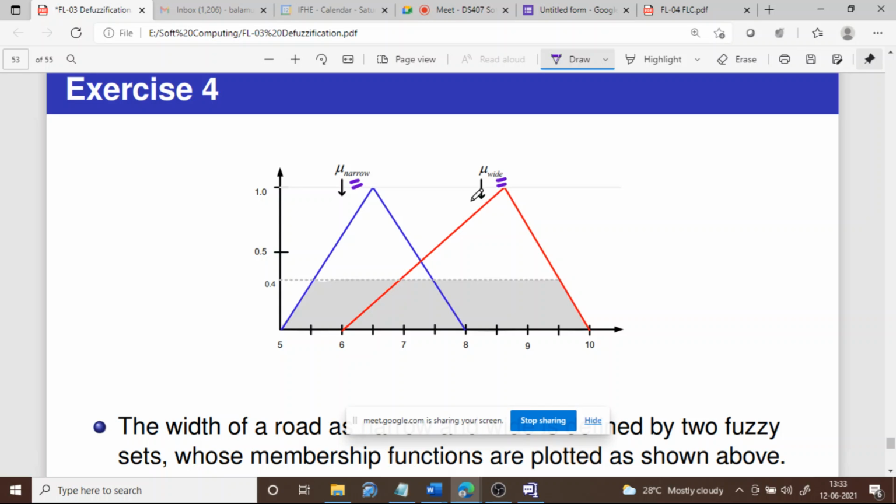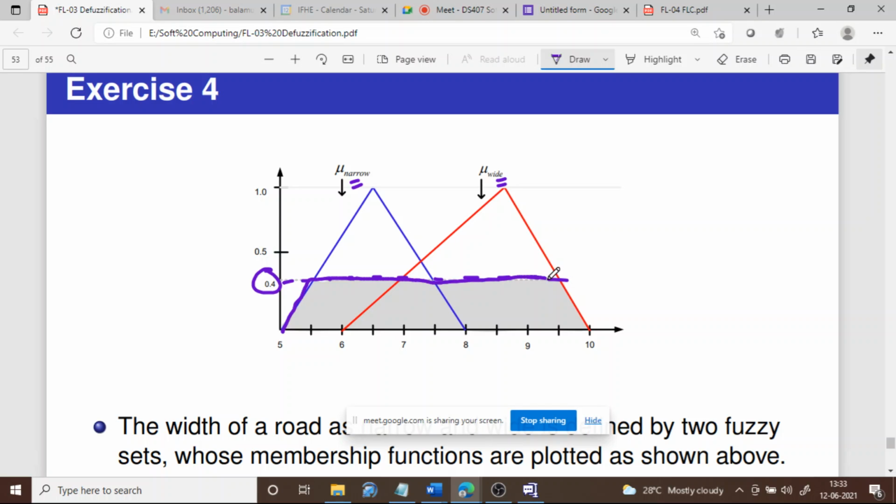Okay. Now for a particular road, you got a membership value 0.4. Now if you draw a horizontal line, this membership function takes value in this region. Okay. Now you have to convert this to crisp. So this is our area of interest.